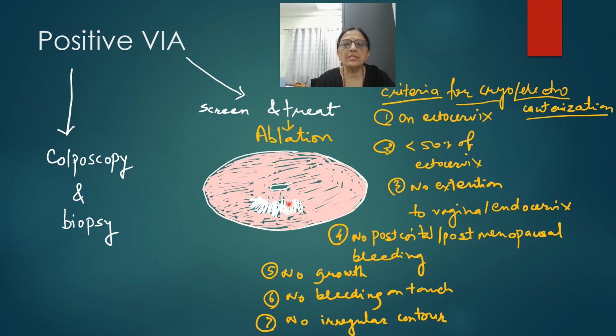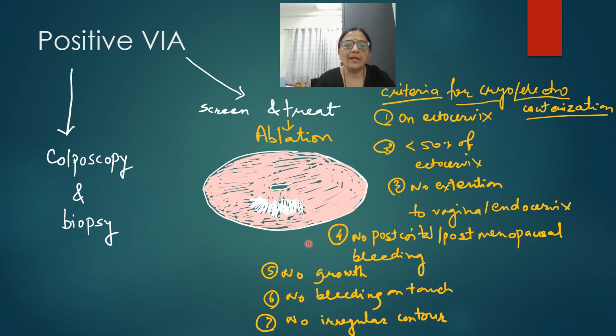There should not be any extension of this acetowhite area towards the vagina or into the endocervical canal. There should not be any other features suggestive of invasive cancer, such as postcoital bleeding or postmenopausal bleeding. Visible growth should not be there. It should not bleed on touch, and there should not be any irregular contour of the transformation zone.